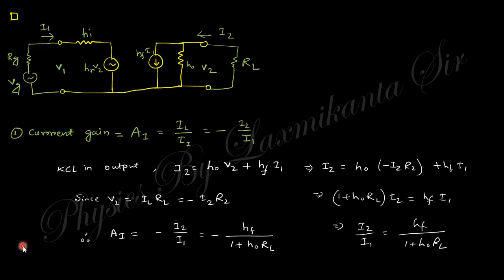Now comes finding the current gain, voltage gain, input impedance and output impedance using the hybrid parameters.